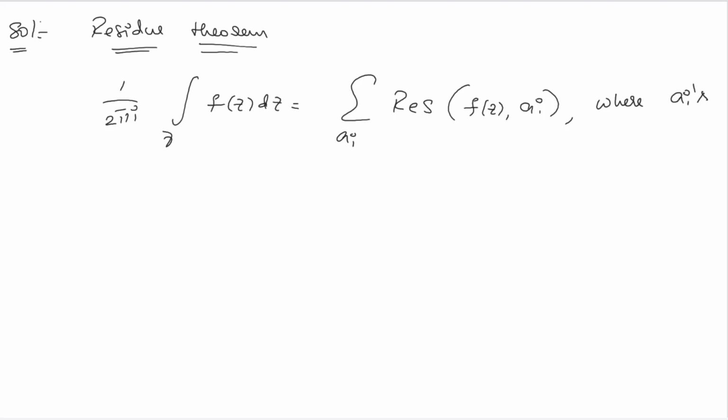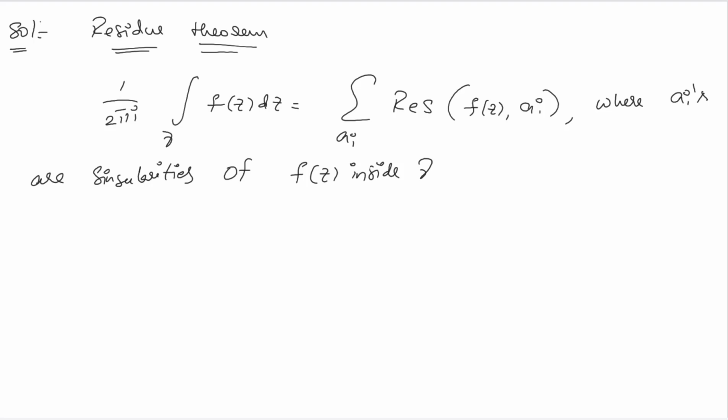where a_i's are nothing but the singularities of the function f of z inside gamma.